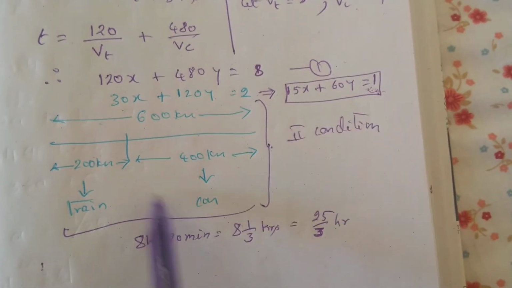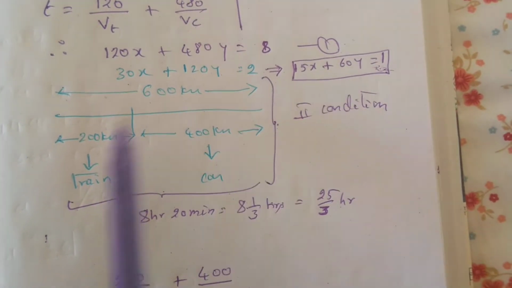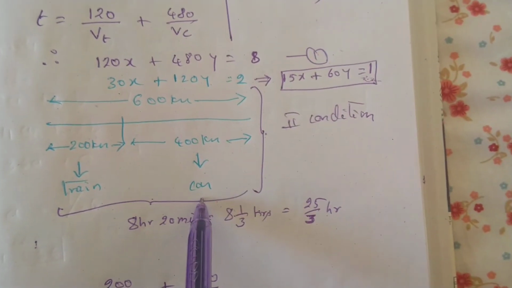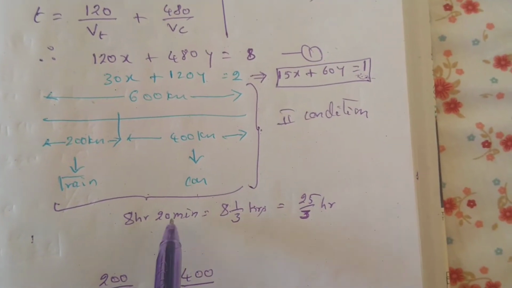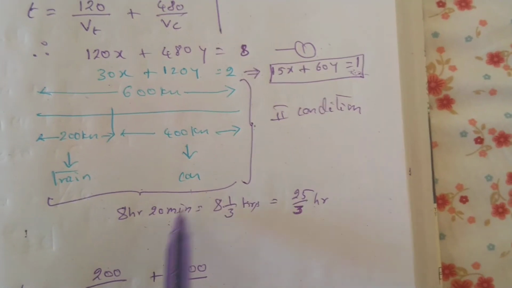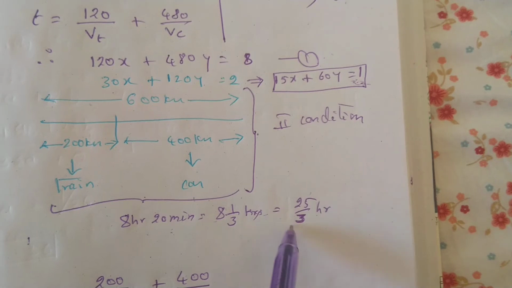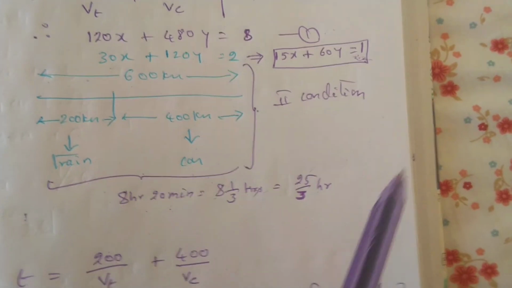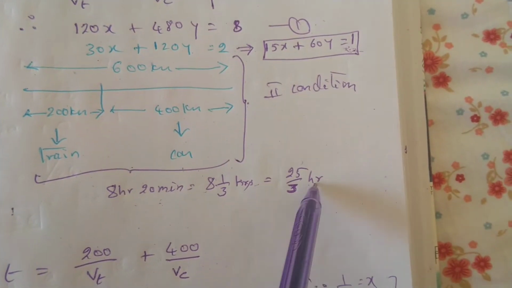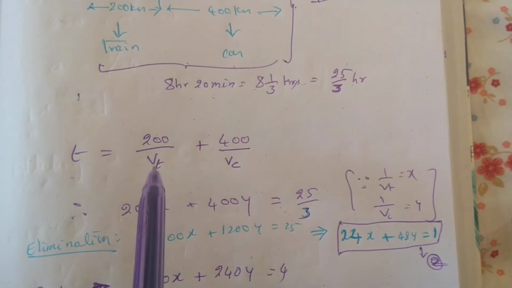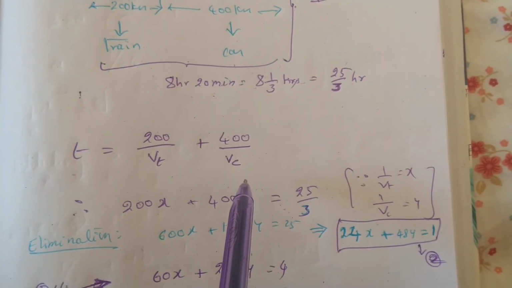Now the second condition. 600 kilometers total distance: 200 kilometers by train, 400 kilometers by car, and time taken is 8 hours 20 minutes. 20 minutes is 1/3 hour, so 8 and 1/3 hours, that is 25 by 3 hours. So you got the value of time to be 25 by 3. Now substitute similarly: 200 by Vt plus 400 by Vc.